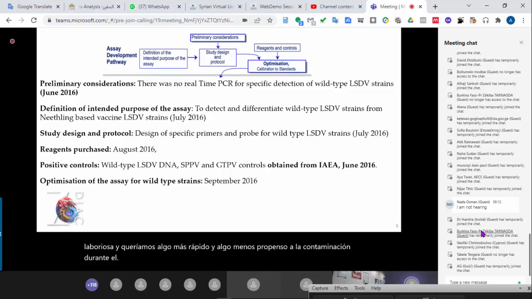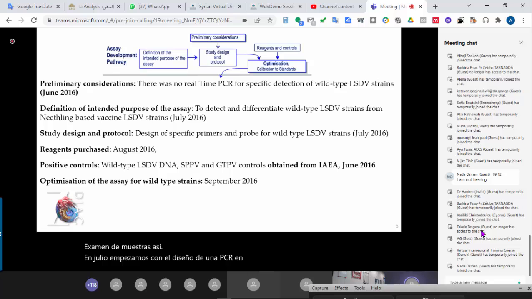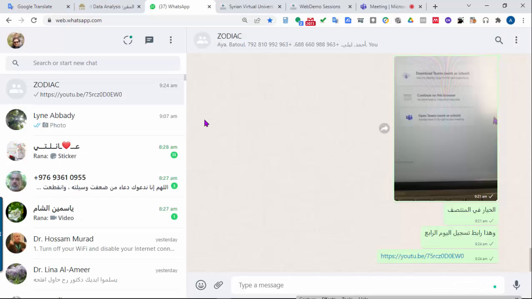So in July, we started designing our own real-time PCR assay, and at that time we did not have any experience in designing primers.